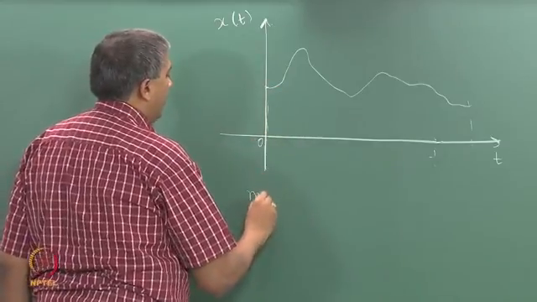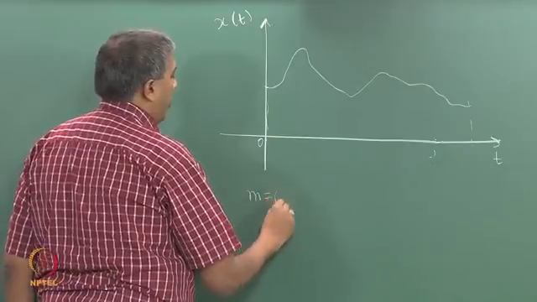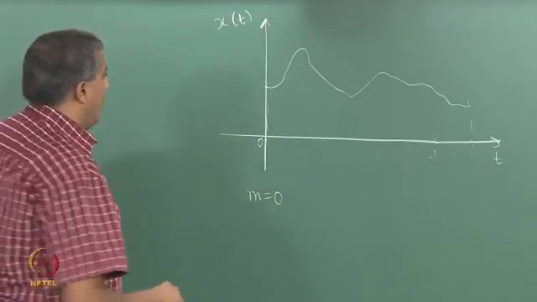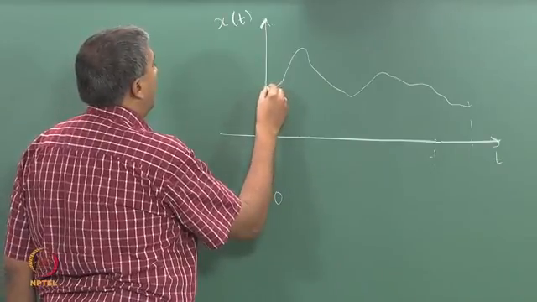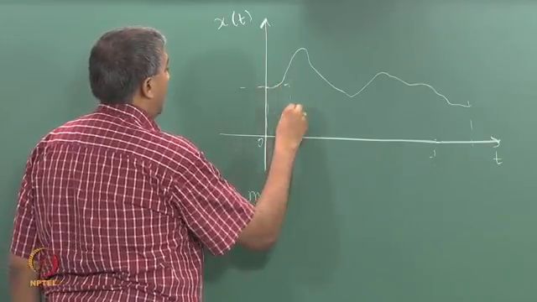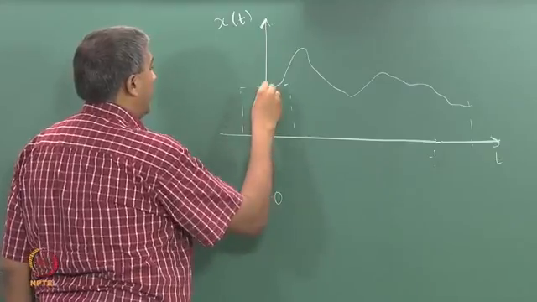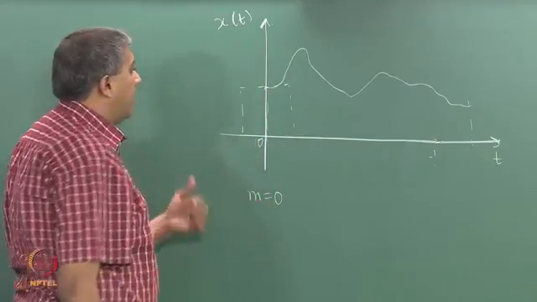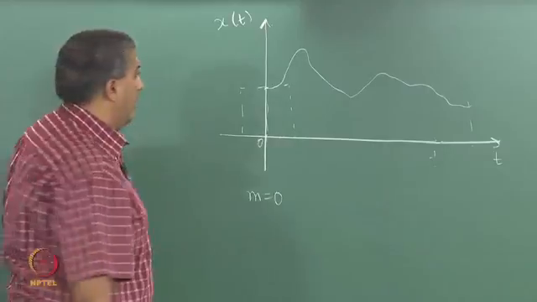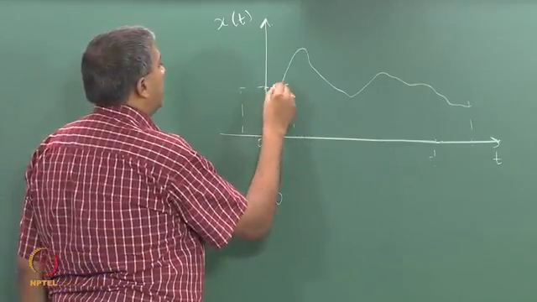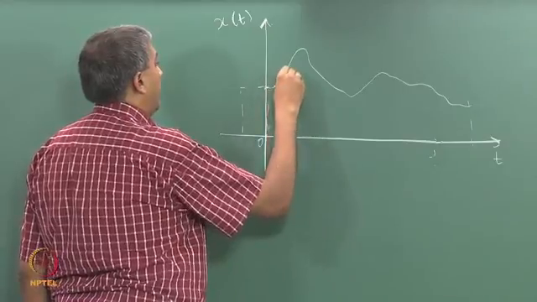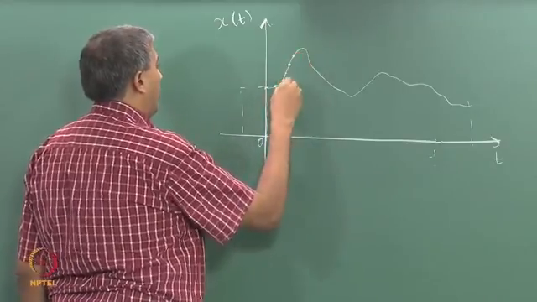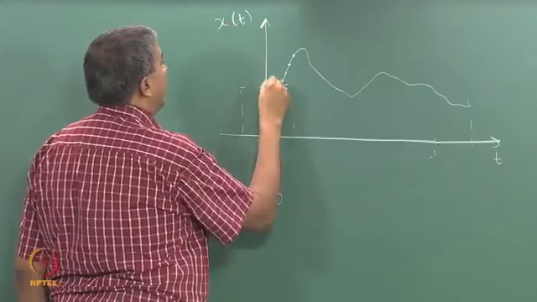So, m is 0, or you can say m is 1 depending on how your software keeps track of this m. So, let us say m is 0 here, and my window is, let us say, a rectangular window. So, the center of the window is located here. The question is now, how do I move this window forward, how do I march ahead, and let us say I have samples at these points in time and so on, and this interval is my sampling interval.